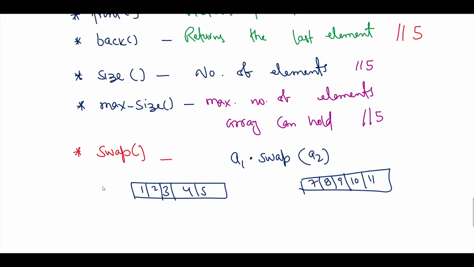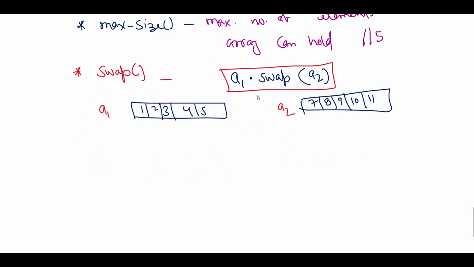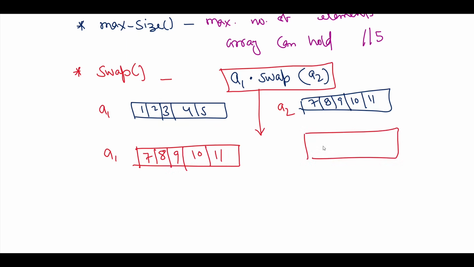So suppose this is array a1 and this is array a2. So this operation is going to swap the elements, and after the swapping process this will become 7, 8, 9, 10, 11, and this a2 will become 1, 2, 3, 4, 5.